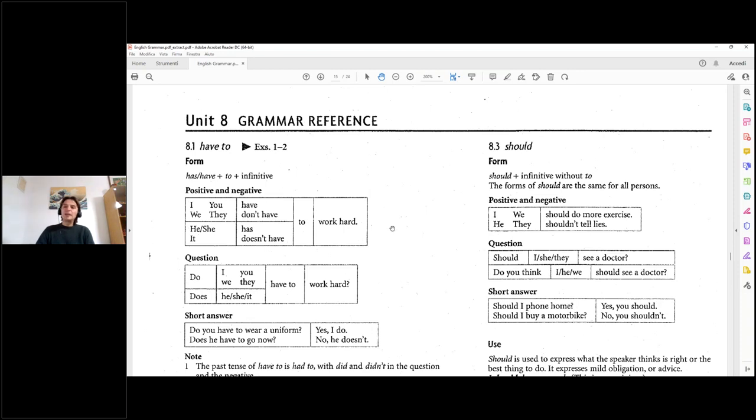So if I tell you to do something, quindi quando io vi dico di fare qualche cosa direttamente, cioè io vi trasmetto la mia volontà, I use have to, like you have to study, cioè devi studiare, non perché te lo dice qualcun altro, ma perché te lo dico io. Right? You have to study, you have to listen to me. Mi devi ascoltare, you have to listen to me.